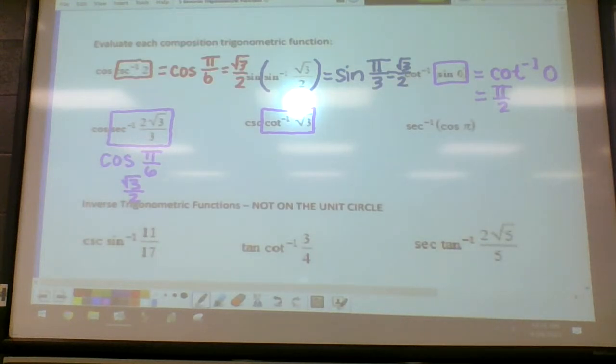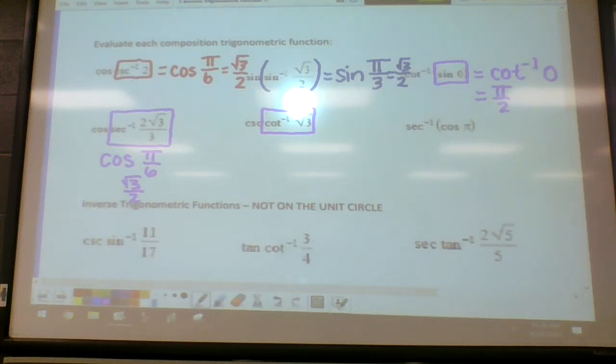All right, we have cotangent inverse of square root of 3. So to get square root of 3, it's square root of 3 over 2 over a half, right? And so cotangent is cosine over sine. So where's the cosine equal to square root of 3 over 2?